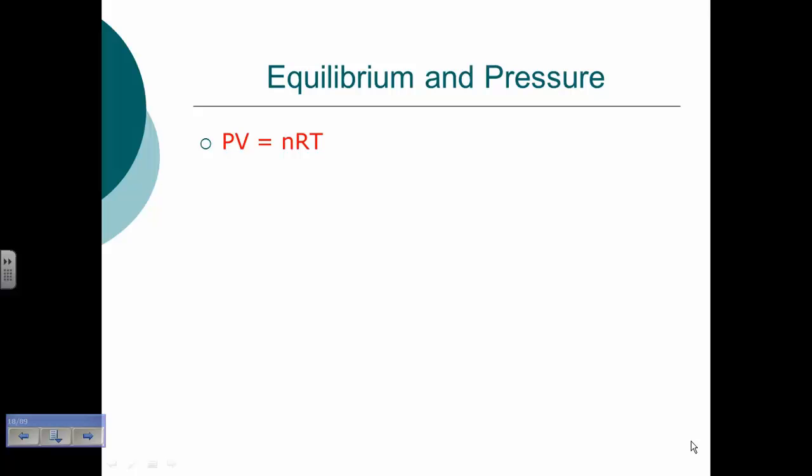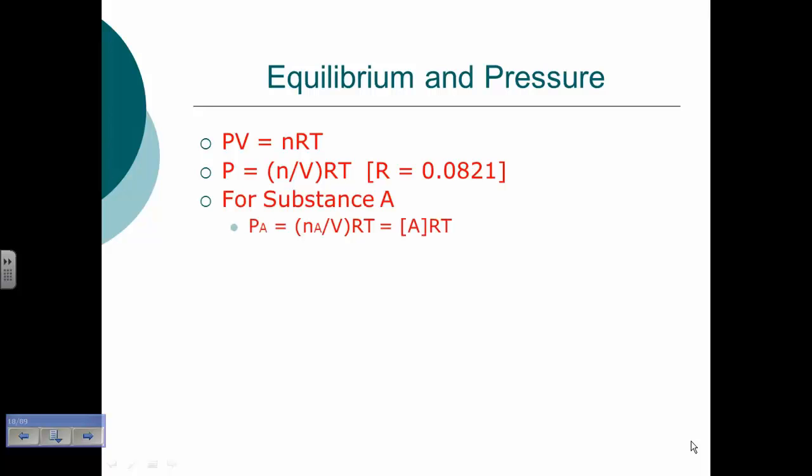Knowing that moles per liter is the very definition of molarity, I'm going to rewrite PV equals nRT, showing in parentheses n over V, moles over volume, moles over liter. Really, that's just saying P equals MRT. That sounds familiar from our colligative properties, doesn't it?